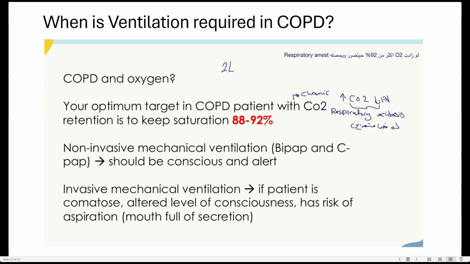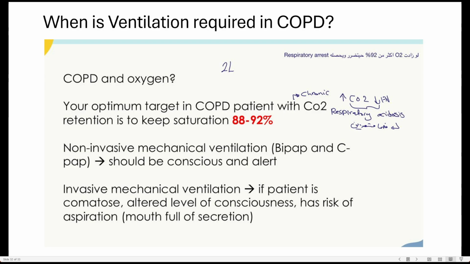In order to conserve energy, I will keep oxygen at a specific level. So to save itself, I'm going to have oxygen at a lower rate. I'm going to adapt myself to a lower oxygen saturation. That is the rationale of the respiratory center in response to respiratory acidosis in COPD.